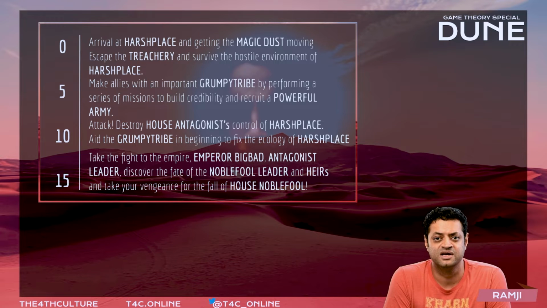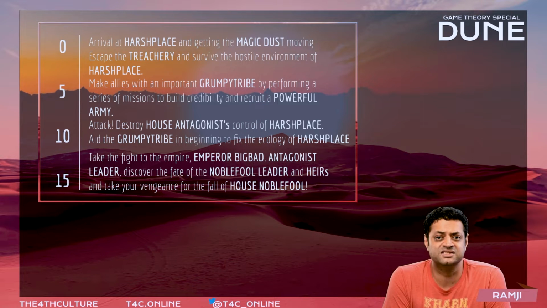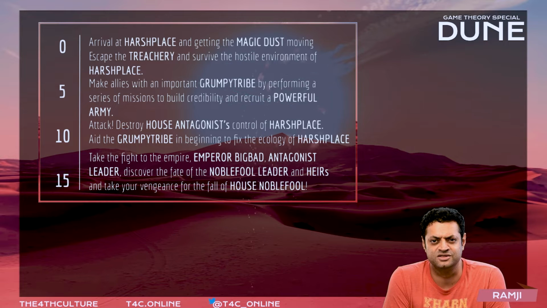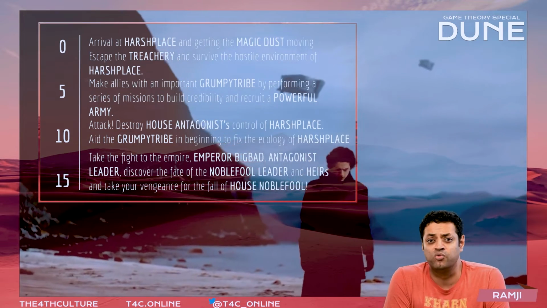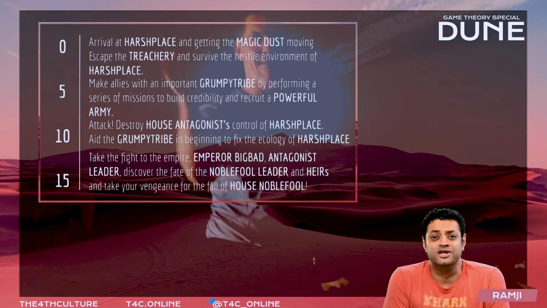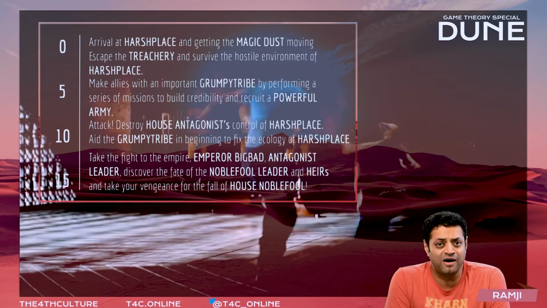The Guild of Navigators has to take you from one planet in the Dune setting to another. Well, in the same way, the important guild will need to use this important stuff, the rare commodity, in order to be able to transport you from where the Nobleful nice place is to HARSHPLACE.